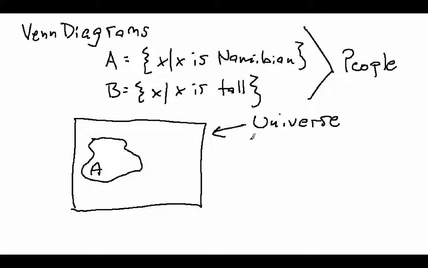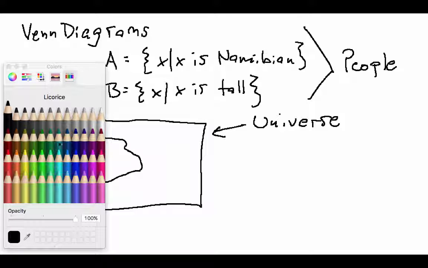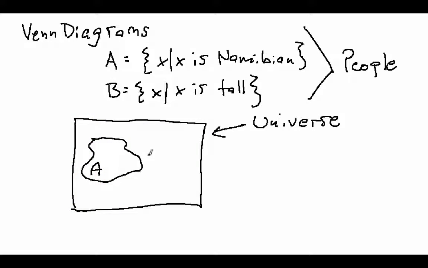And maybe over here, I can get clever and try using a different color. Let's see if that's going to work. Oh, look at that. Here's the set B. And B represents the set of all tall people.